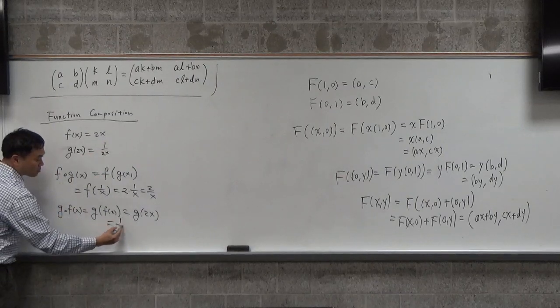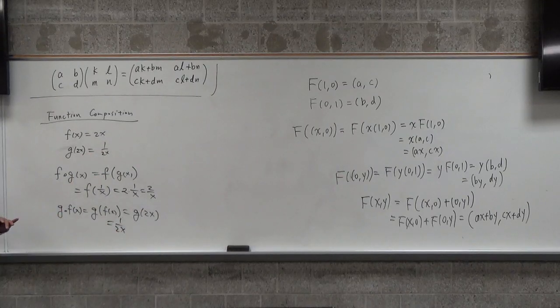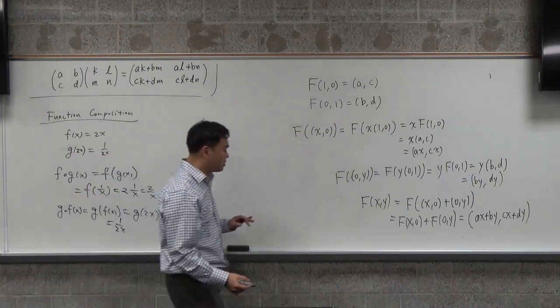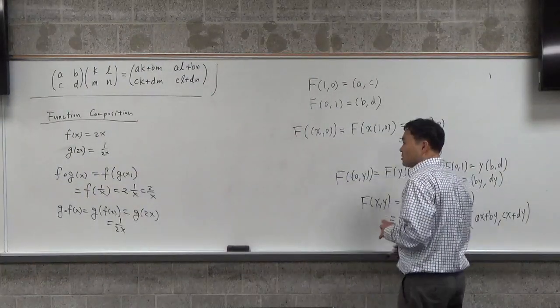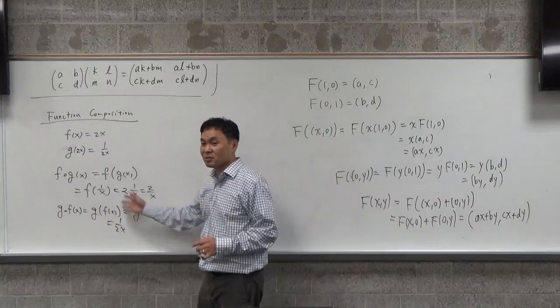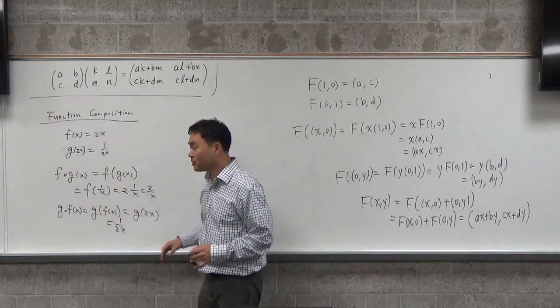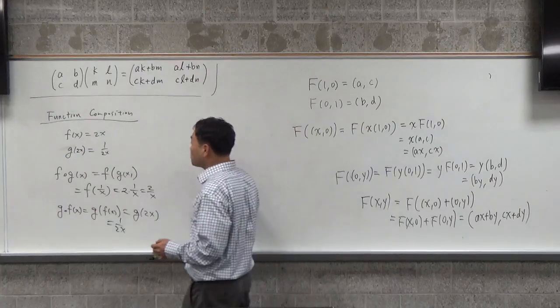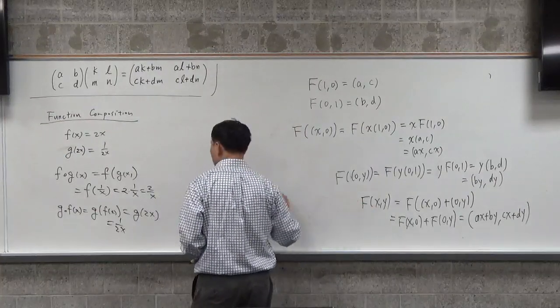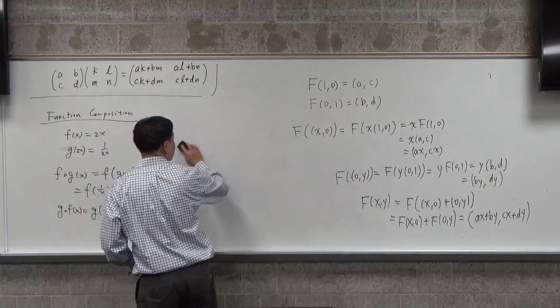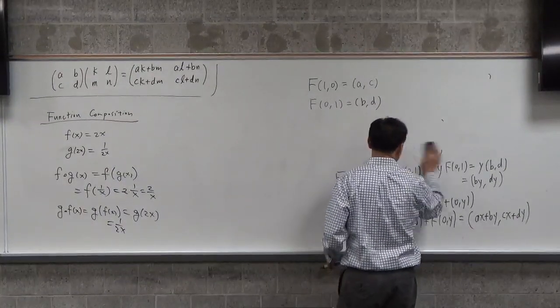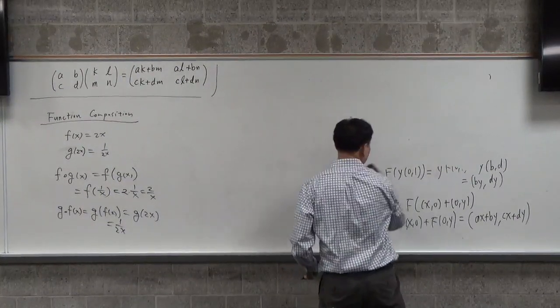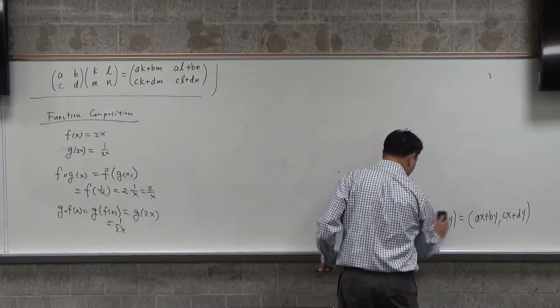So this will be 1 over 2x. Okay, so function composition is not commutative, and it will mean something later, okay? But that's how you compose functions, right? Now what we're going to do is take 2 of these functions and compose them. And I want to show you how it looks.